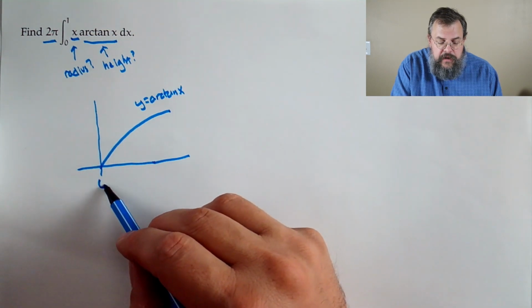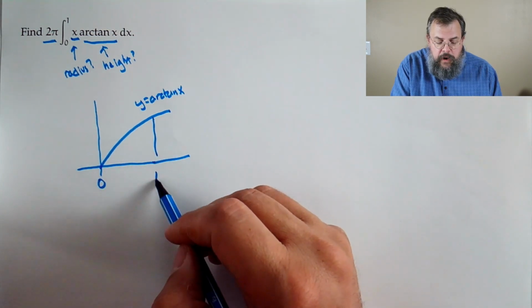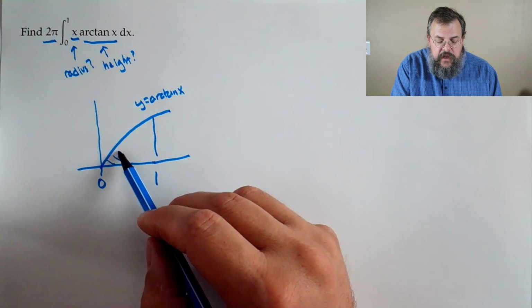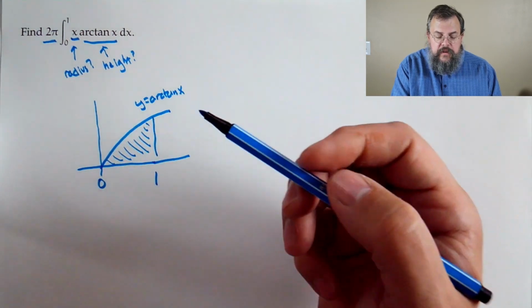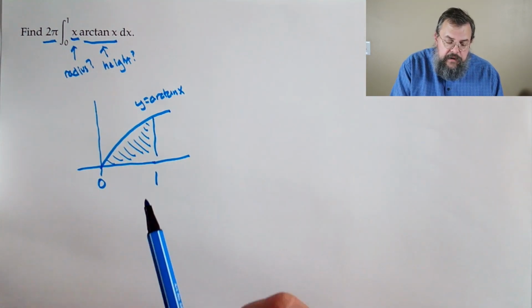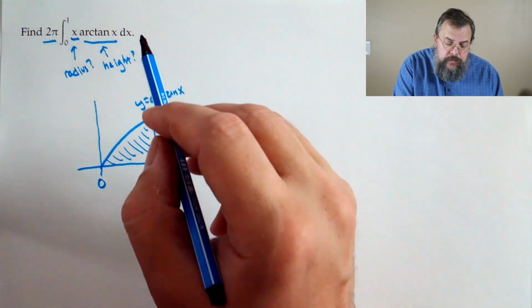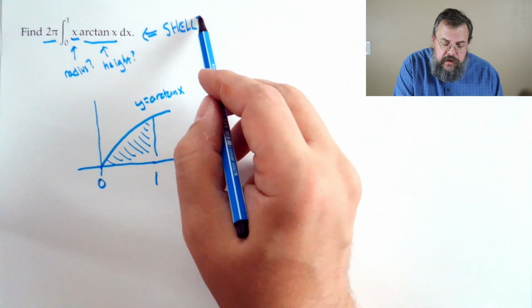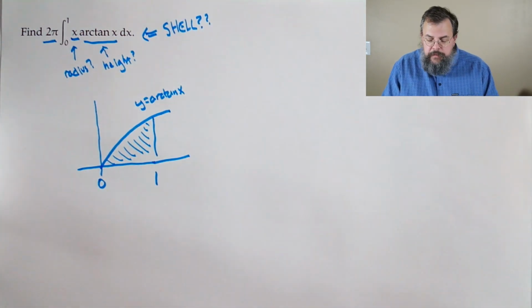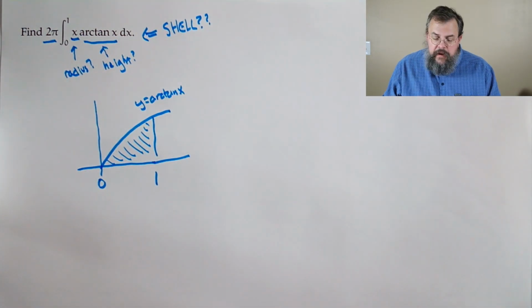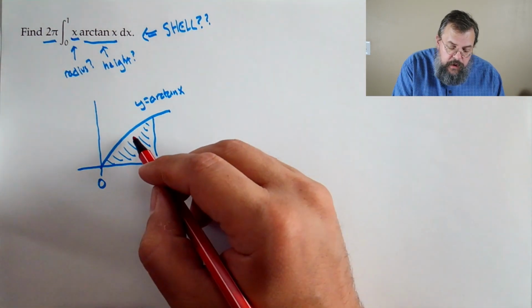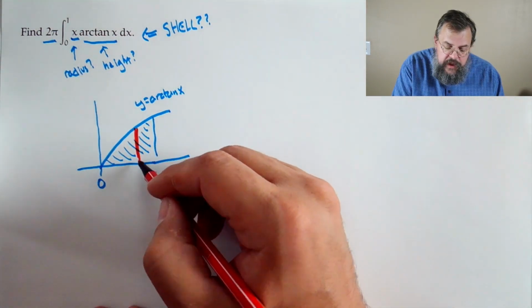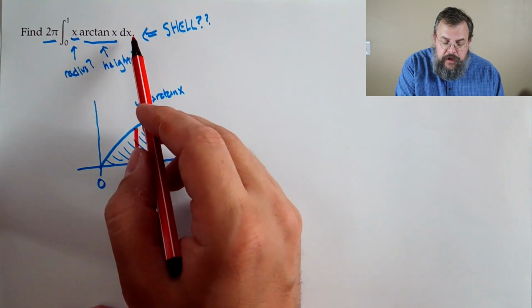You would be going from 0 up to 1 of this function, y equals arctangent of x. And now, what do you have? Well, let's see. I'm going to make some notes here. Shell. What would it be? Well, it would be our slices would look like little thin vertical slices, because we're integrating with respect to x.